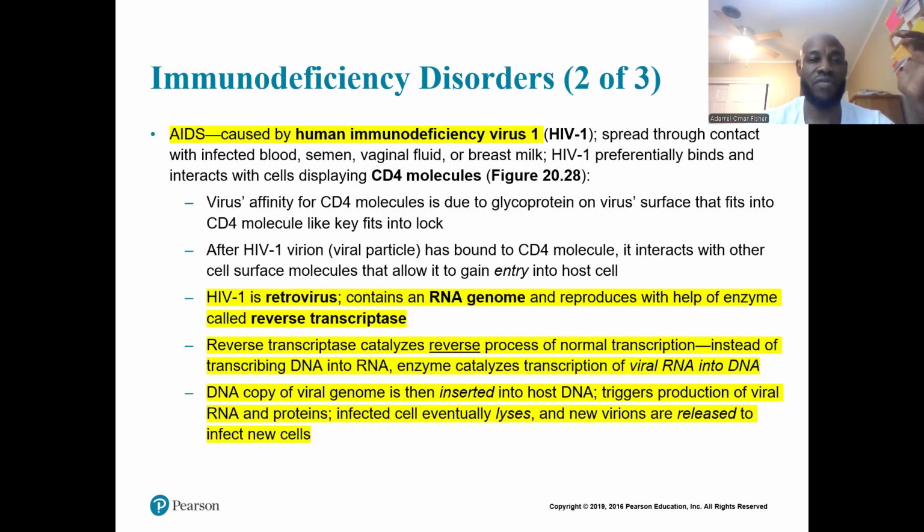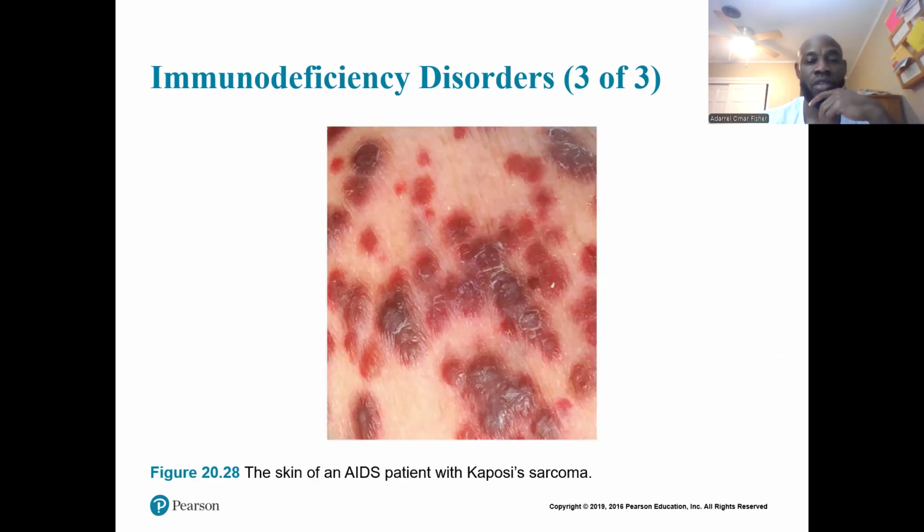The T cells do not function properly in your body. And then what ends up happening with things like AIDS is you end up dying from diseases that you shouldn't die from, because your immune system is just not functioning properly.